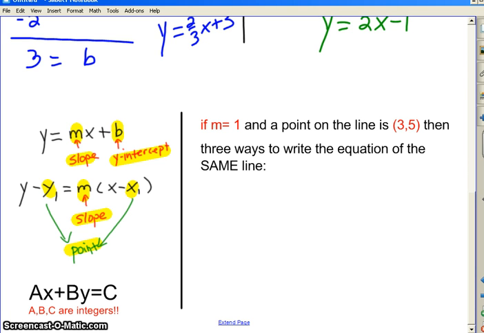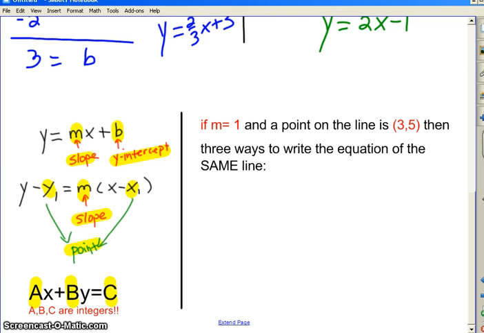And the last version is called the standard form, where you have ax plus by equals c. C is your constant. Make sure that a, b, and c are all integers. Integers are whole numbers, positive and negative. Let's look at an example of that.